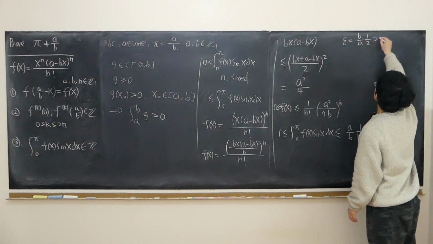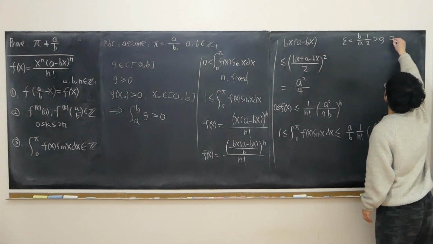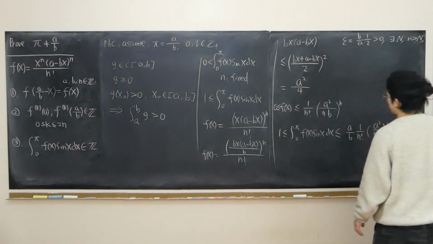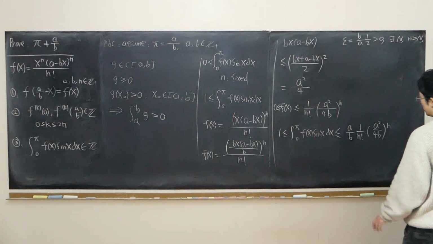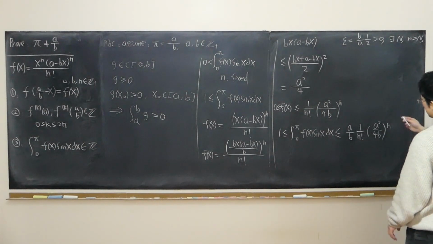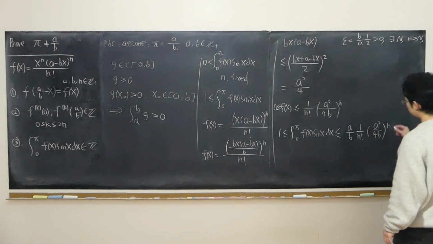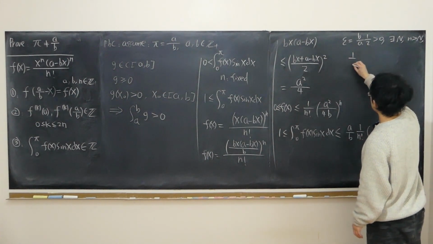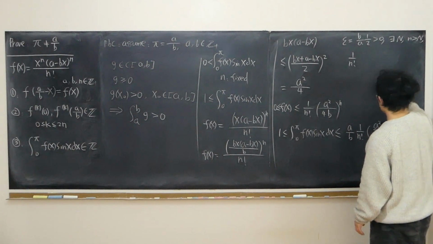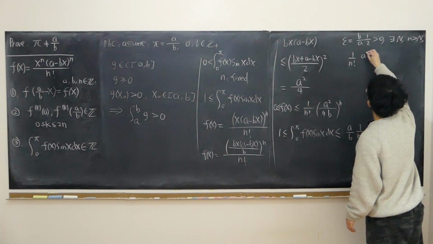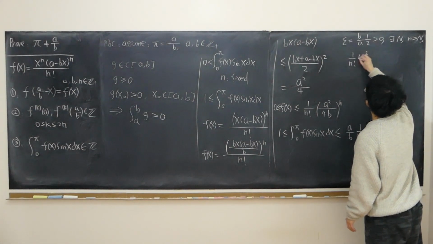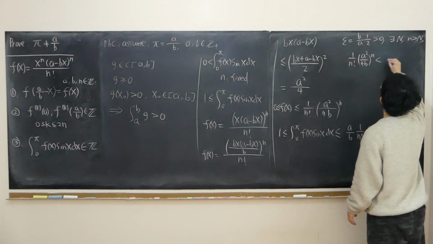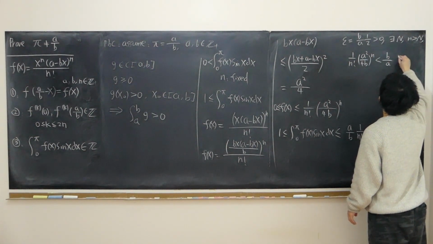Larger than 0, there exists some capital N such that as long as little n is larger than capital N, the absolute value of this sequence minus 0 is small enough. In other words, I don't even need the absolute value because it's already positive. It can be smaller than my epsilon, b over a times half.